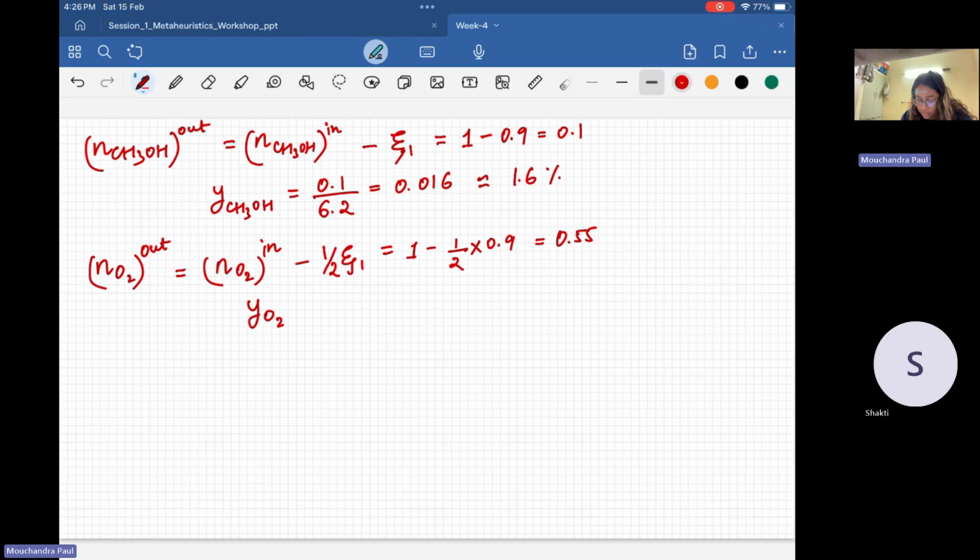So the mole fraction, 0.55 divided by 6.2. So it will be 8.7%.